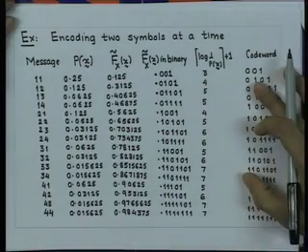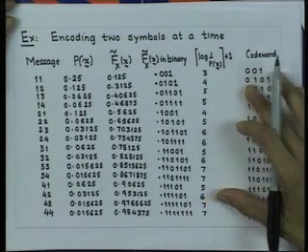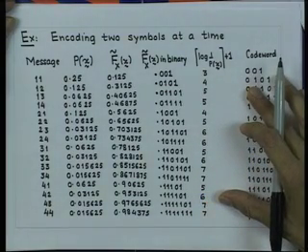Now, the average length per message for this coding scheme turns out to be 4.5 bits.